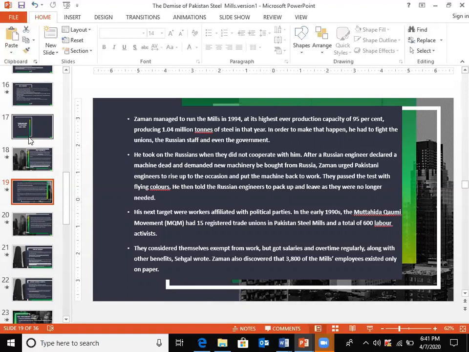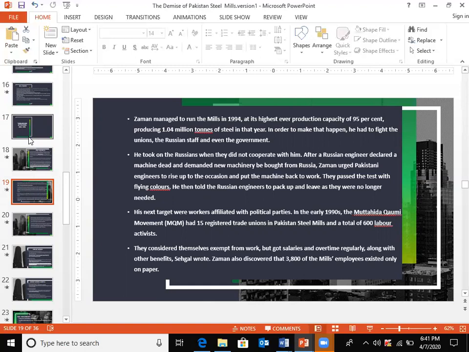And so there were about 600 labor activists, 15 registered trade unions, and these MQM workers unfortunately just did not work. At the same time, they felt that they deserved to get their salary on time, regular overtime, all the other benefits, but they just didn't do the work.